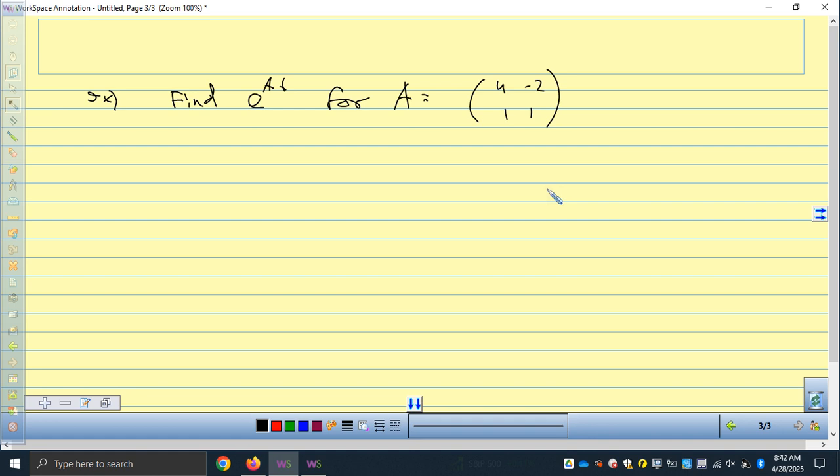We want to find e to the At for this A. So I'm going to compute sI minus A.